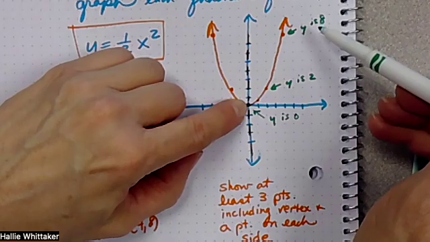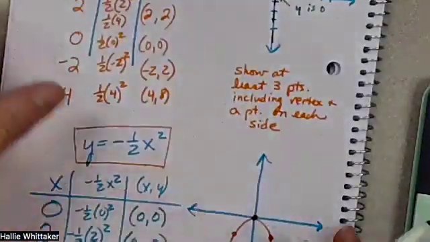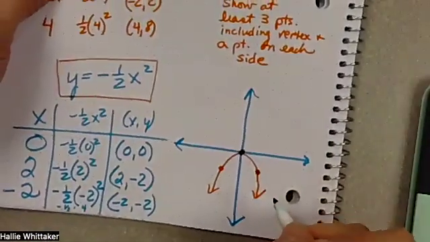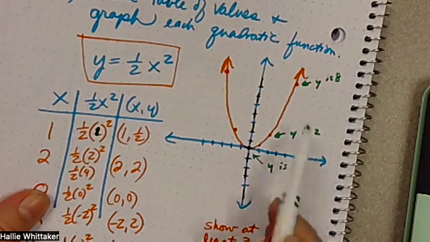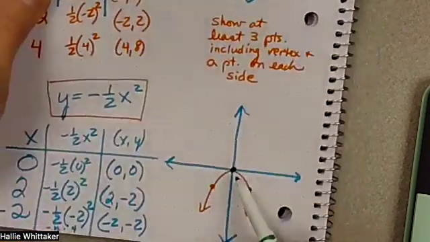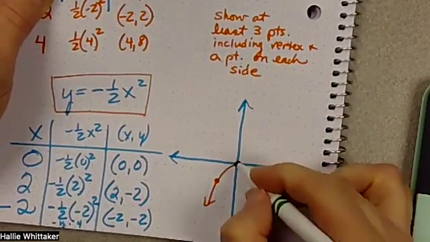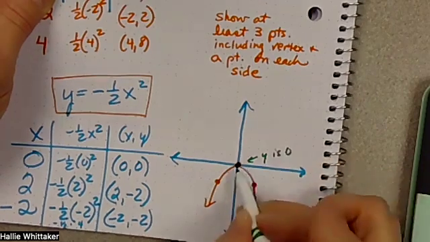Y'all see that? Okay, let me compare it down to here. In this case, your vertex is going to be the minimum value for your function. Now over here, notice what your y value is. This is 0, the y is 0 again.